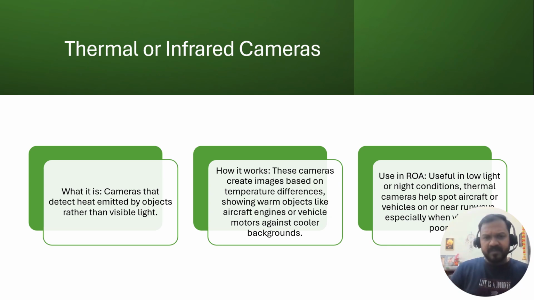How it works: these cameras create images based on temperature differences, showing warm objects like aircraft engines or vehicle movement against the background. Used in the ROA system, they are useful in low light, low visibility and night conditions as well. Thermal cameras help spot aircraft or vehicles on or near the runway so it can be monitored.